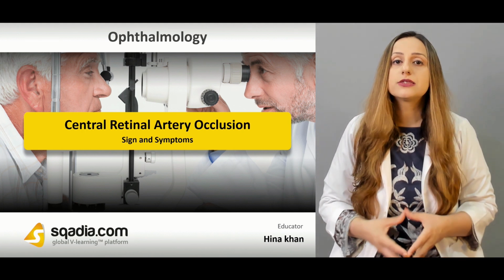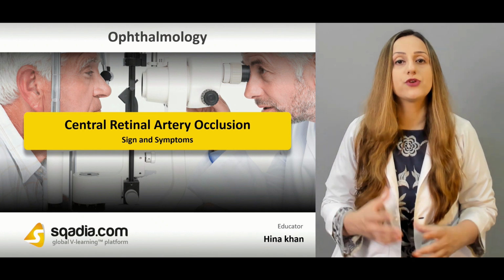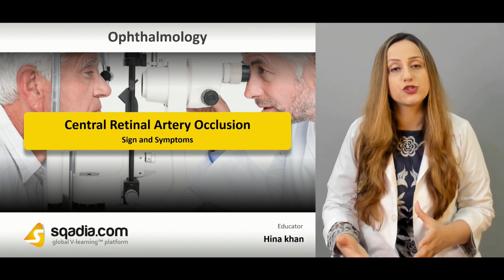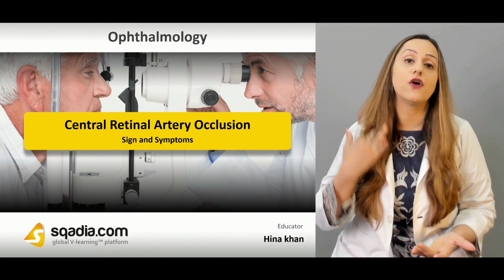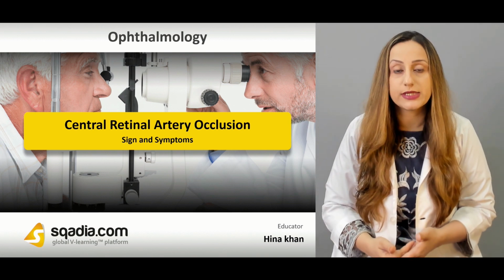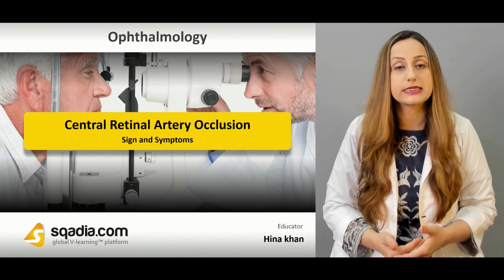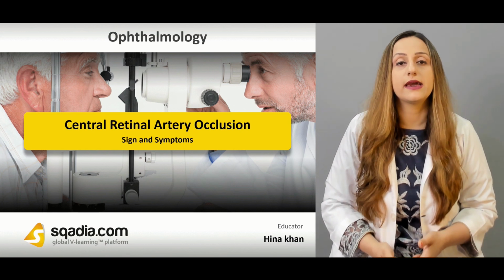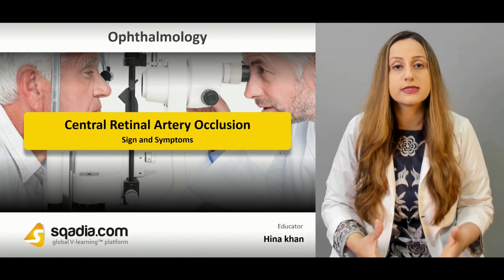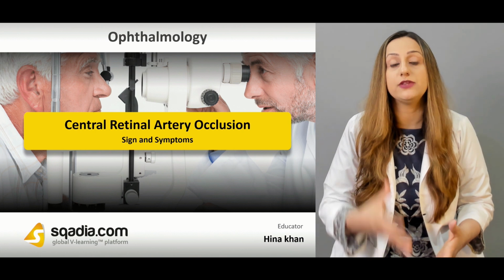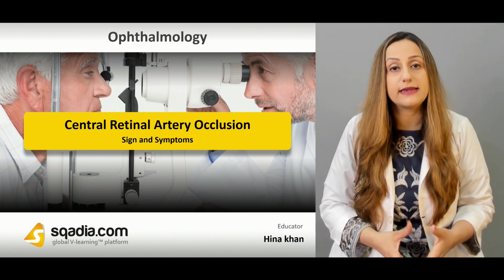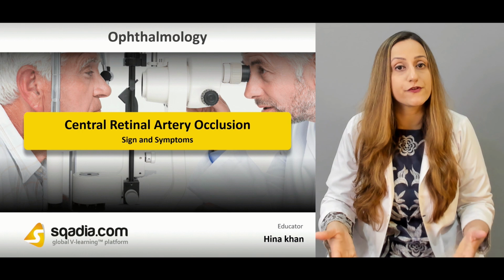So again, what can be the other causes which relate to the development of central retinal artery occlusion? It can be atherosclerosis. If the patient has a history of atherosclerosis, dislodgement of a thrombus can occur, and it is going to hinder the blood flow to the retina.